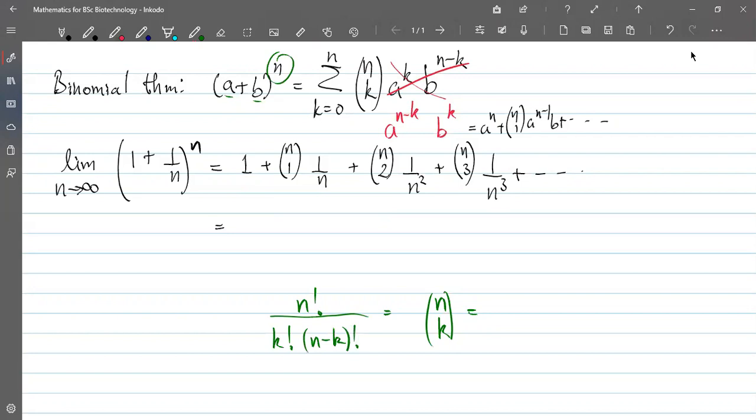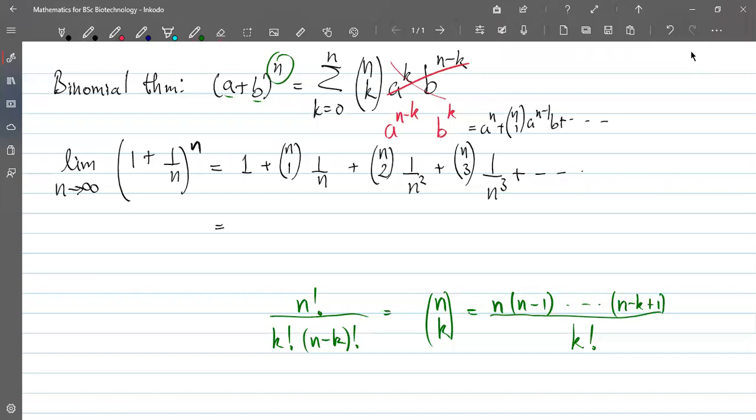But remember that we're going to compute it in a different way by expanding this n factorial into n, n minus 1 down to n minus k plus 1, times n minus k down to 1. But n minus k down to 1, if you multiply, that's n minus k factorial. So that part will get cancelled here, and so you just have this in the numerator, and in the denominator you have k factorial. Okay, this is nck.